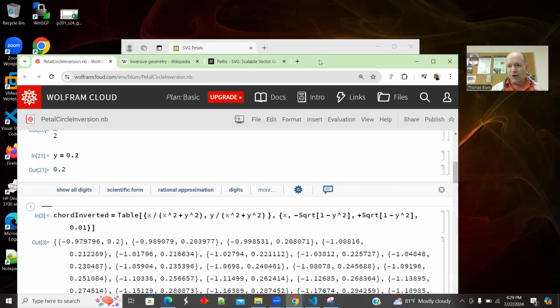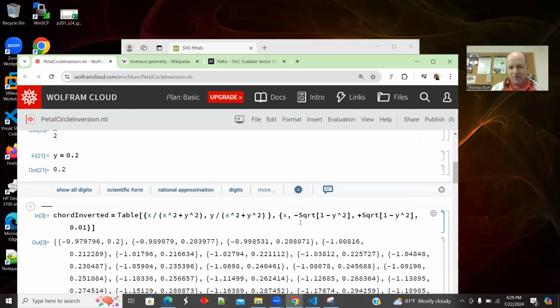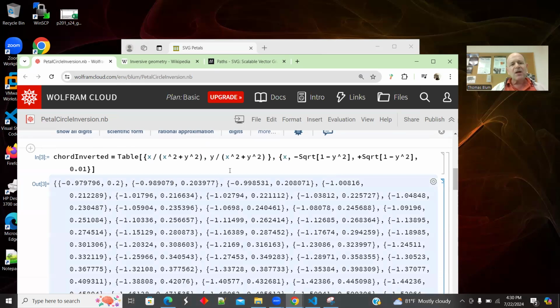So on a circle, if I'm at a particular y, I'm going from this x to this x. I'm going from minus the square root of 1 minus y squared to plus the square root of 1 minus y squared, going up by 1/100. And then I am making a table, generating a list of x squared plus y squared, which is the r, and that's inside.